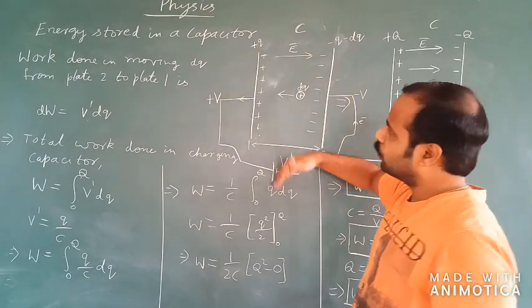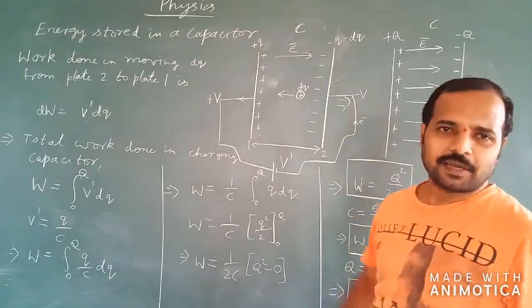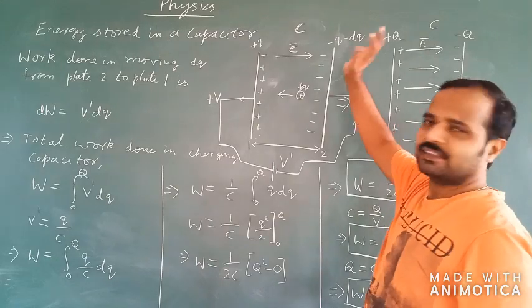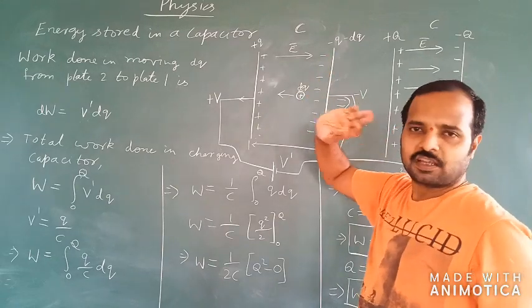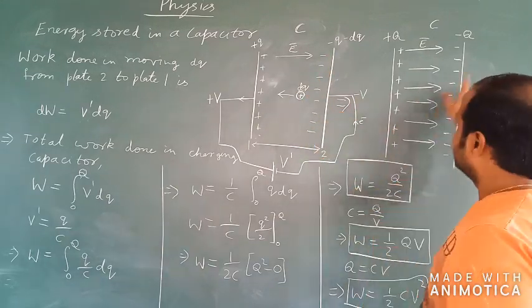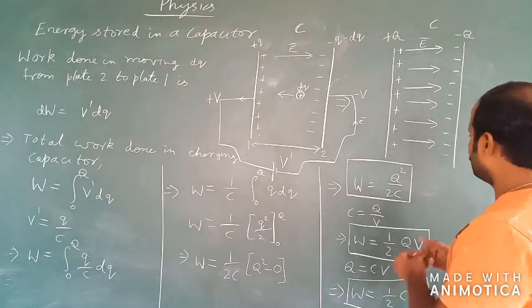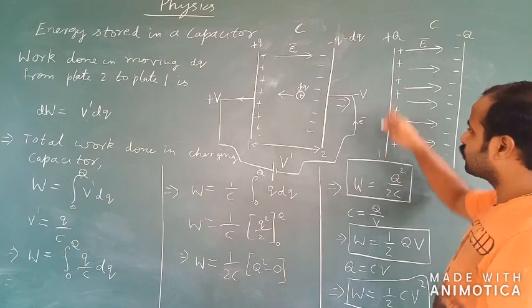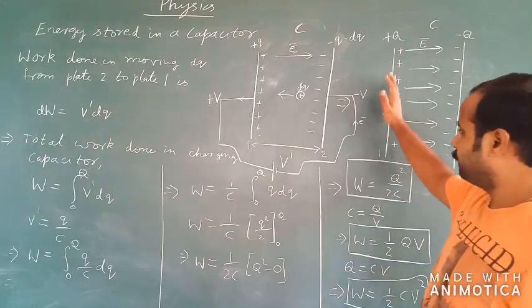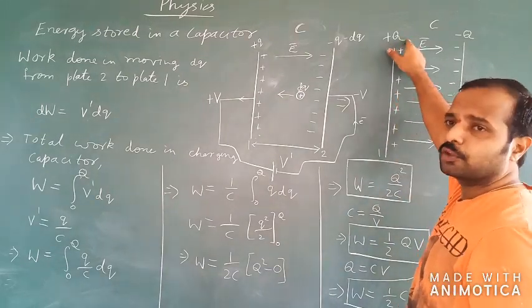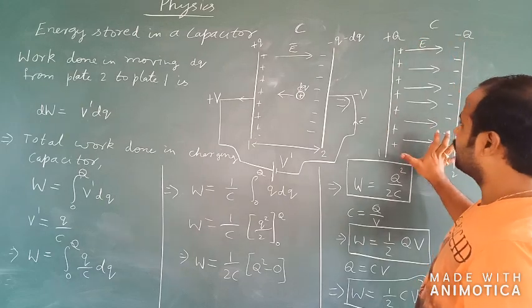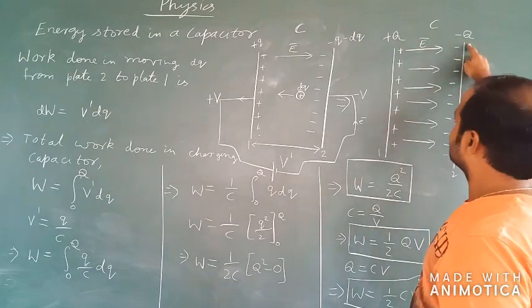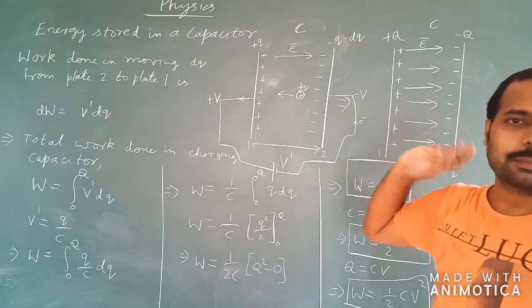Now what if we want to charge the entire capacitor up to its maximum limit, so that the total charge on plate 2 is minus Q and the total charge on plate 1 is plus Q? Once the capacitor is completely charged, the charge on the capacitor will be capital Q.